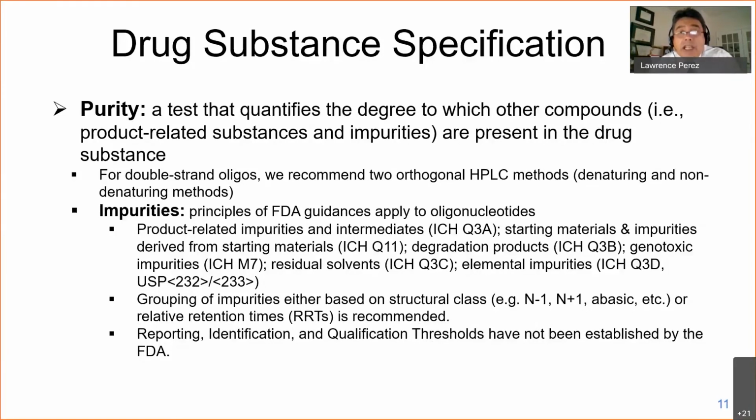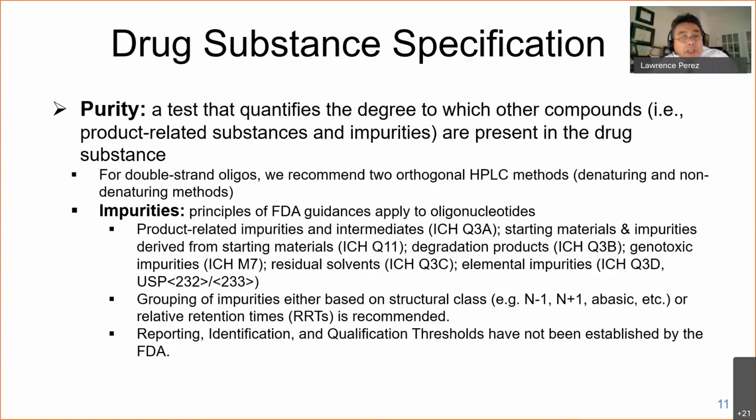One would be a denaturing method that separates the final drug substance into its single strands, and also a non-denaturing method. These combined results do give us a better handle on the purity of the final double-stranded oligo, because it shows different impurities that may also still be in the final API.